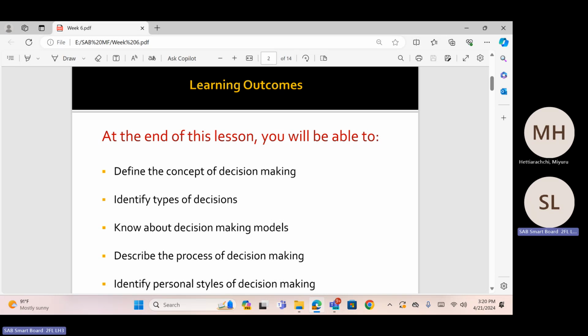But to do that, there should be a need or a problem. Without that, we don't engage in this process. There should be a problem or a requirement or a need. That's the starting point in the decision making process.